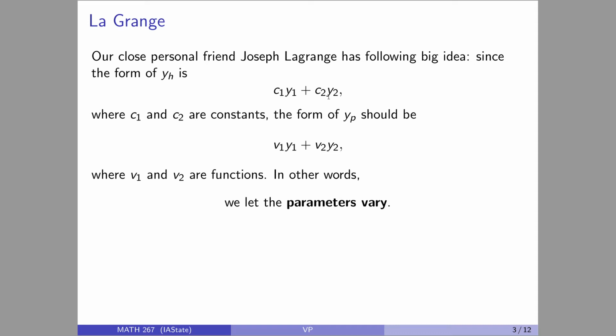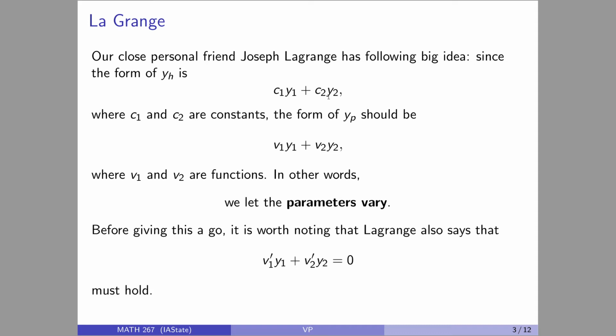With one extra thing that's not immediately obvious. Lagrange has this idea, but he notes that we're actually going to need something else to make this work. Not only do we guess that y sub p is of the form v1 y1 plus v2 y2, it turns out that we're going to want v1 prime times y1 plus v2 prime times y2 equaling 0. For right now, this seems like, okay, why?